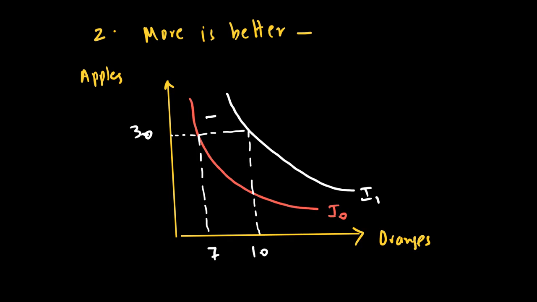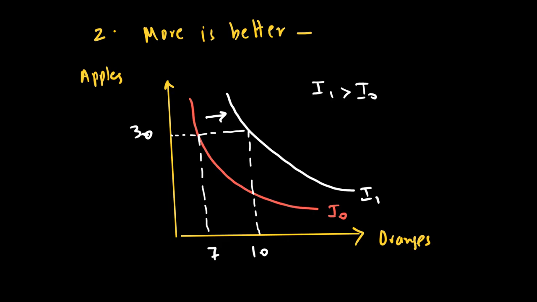This means an indifference curve to the right is always preferred over one to the left, because without sacrificing any apples I'm getting more oranges, which means I1 is better than I0.